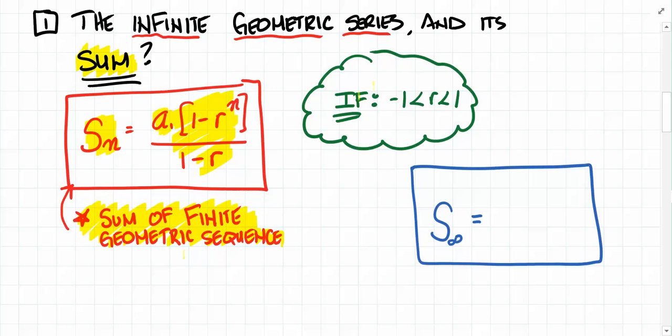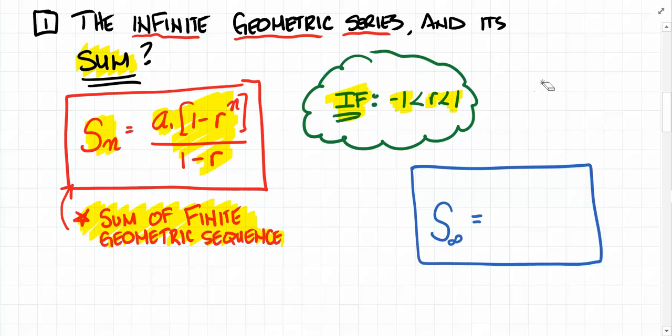But here is something interesting. If our ratio is in between -1 and 1, so for an example, like if I had a ratio of say 1/3, that's in between -1 and 1, or maybe -2/7, that's in between -1 and 1.